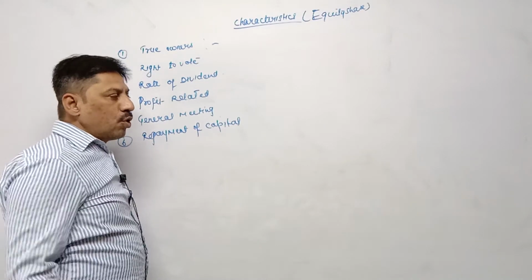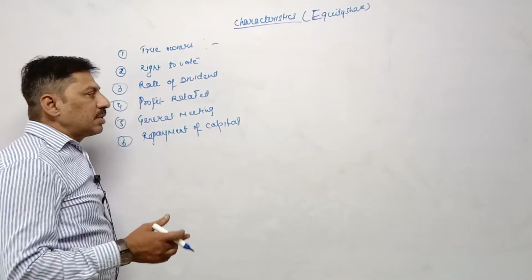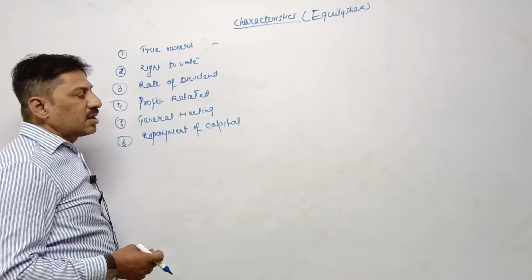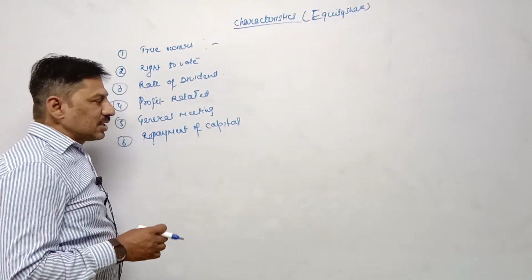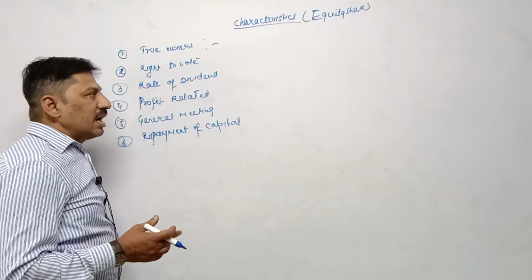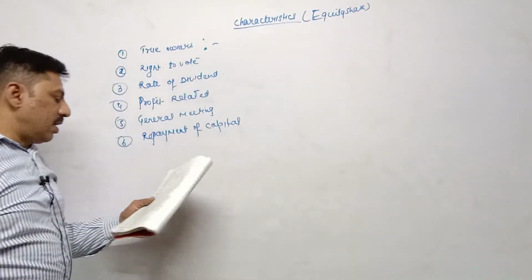Sometimes they get less dividend or more dividend. Sometimes in some year, if the company incurs loss, in that year they do not get any dividend. So they are taking risk by investing their money. That's why they are considered true owners of the company.